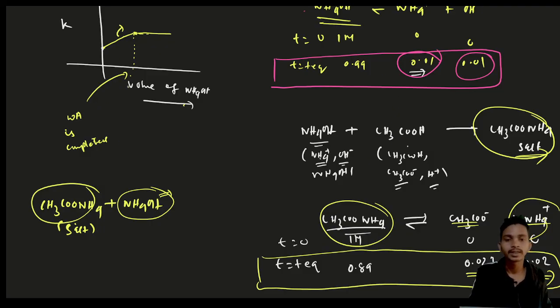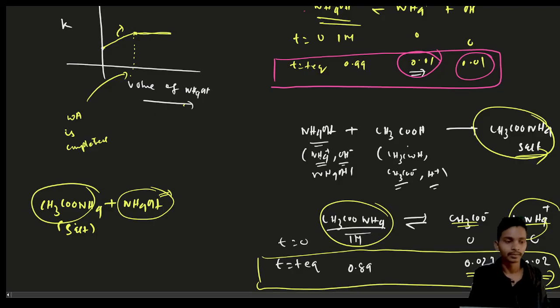But whenever the weak acid is finished, no more salt will be synthesized, because salt is synthesized when acid plus base react, but acid is over, so only base is coming, and it is a weak base, so this becomes this graph.